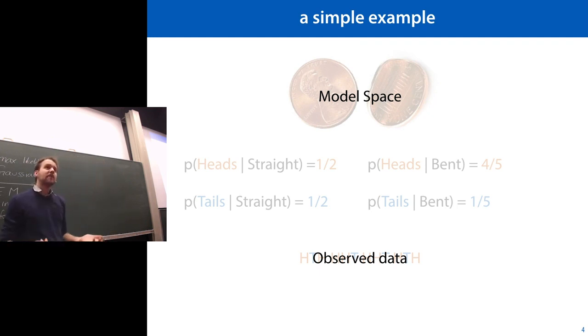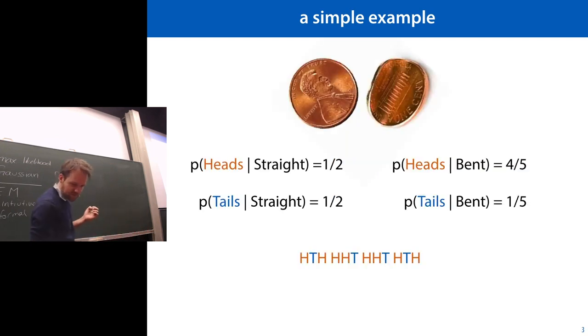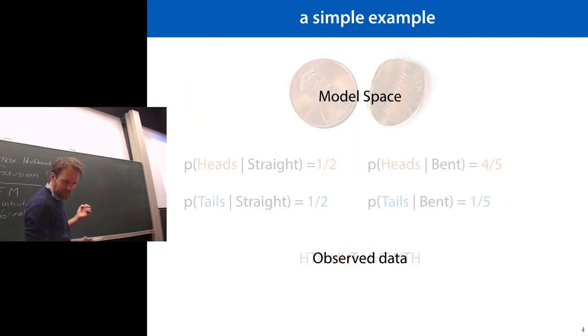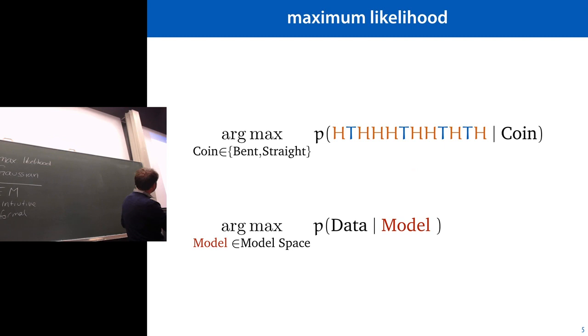What the maximum likelihood principle says is, given this data and some coins, so we have two models, bent and straight, pick the model for which the probability of the data is the highest.